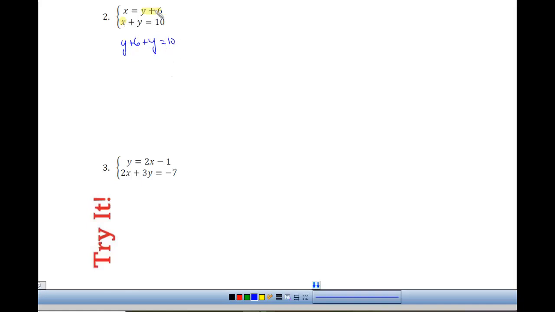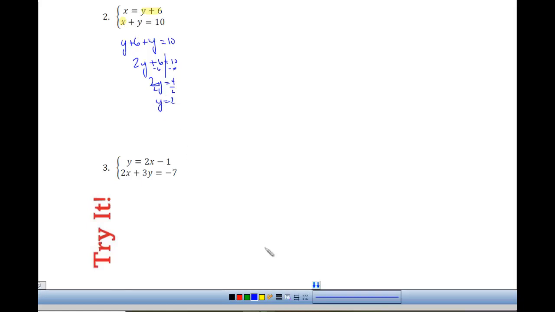So I took this and replaced it with what x equaled. So y plus 6 plus y equals 10. That's going to be 2y's plus 6 equals 10. Then I subtract the 6 from each side. So 2y equals 4. Divide by 2. And y equals 2. So now I have the value for y.